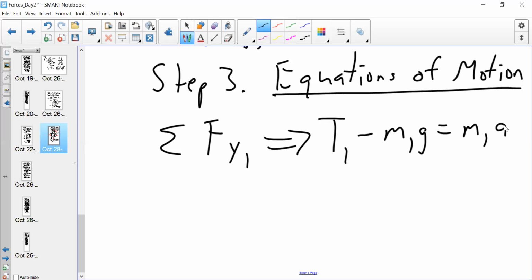The whole system is moving. There is no situation where there's not going to be a net force. So everything's going to have MA: M1A, M2A, M3A. And it's a whole system, so we're going to add these together because they move as one. They move with one uniform acceleration, even though there are different tensions and different masses. Gravity is obviously the same.